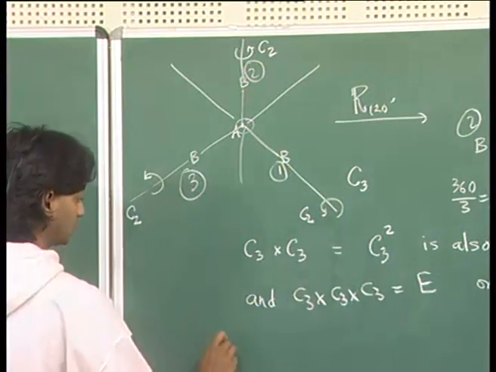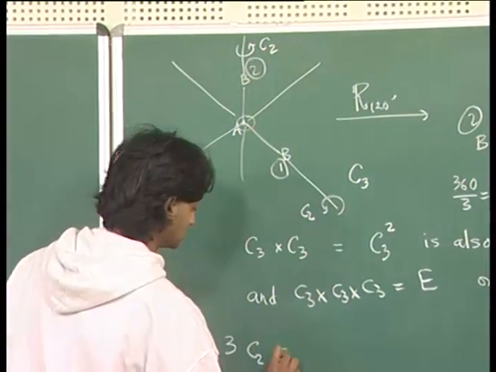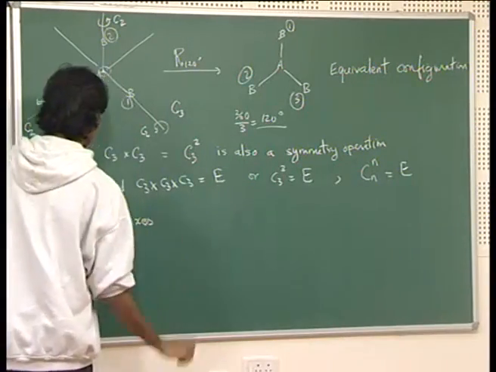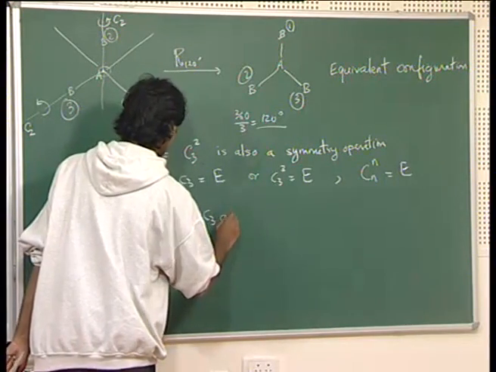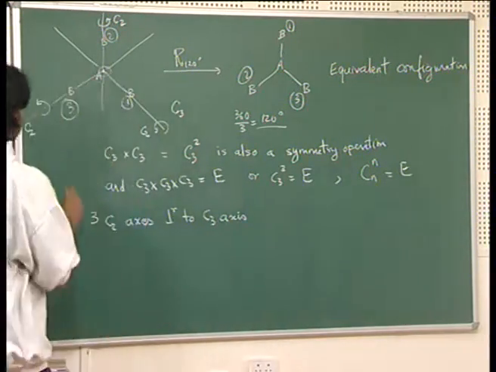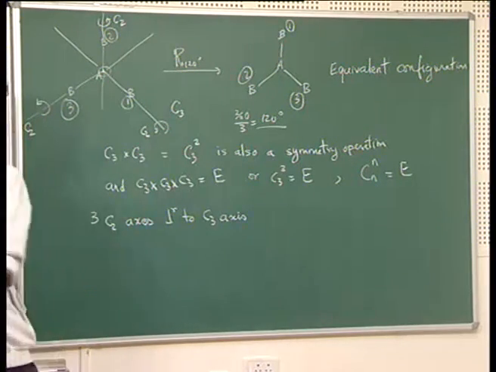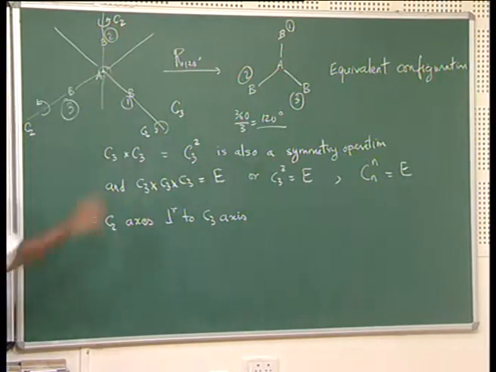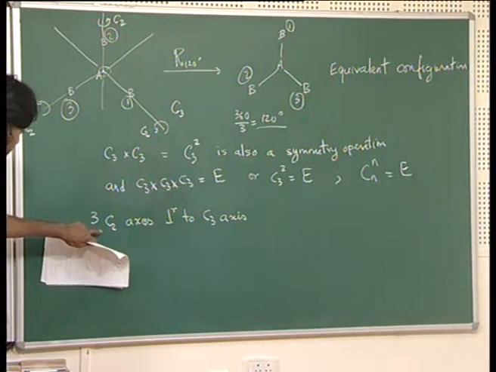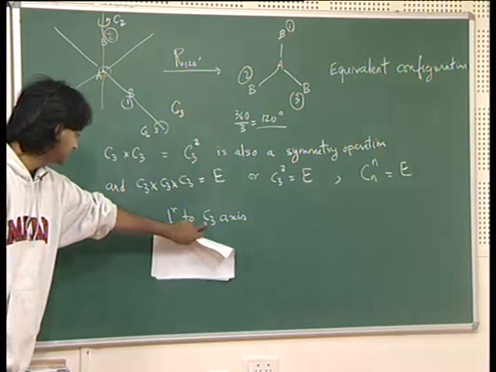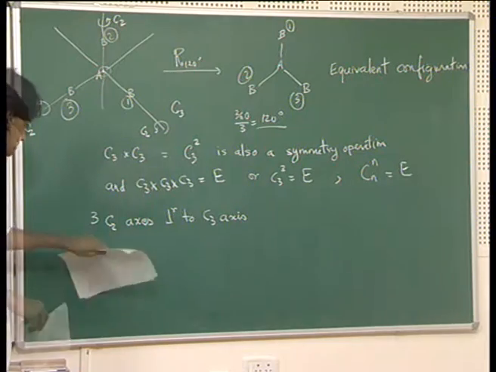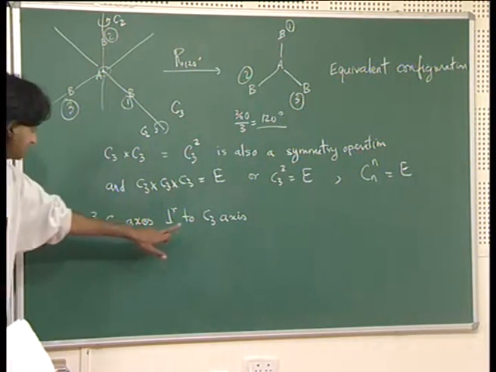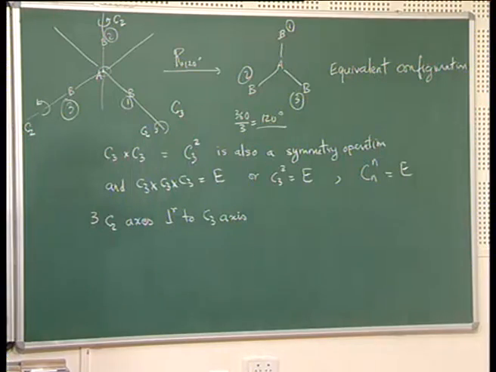So it has 3 C2 axes, perpendicular to the C3 axis. Now we notice that we had a C3 and we generated 3 C2 axes.